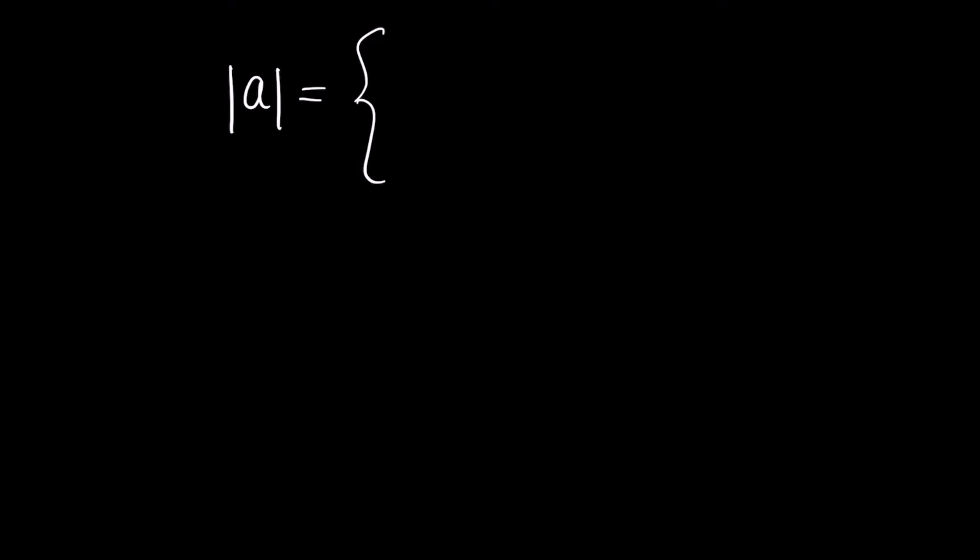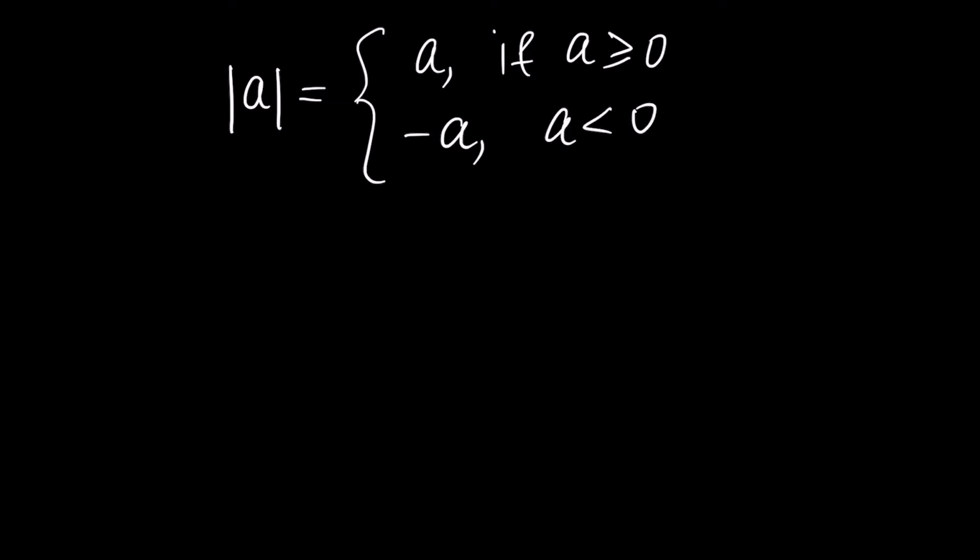This is a if a is bigger or equal to 0, and this is minus a if a is less than 0. For example, the absolute value of minus 5 is 5, and the absolute value of 5 is 5. So this is always positive.